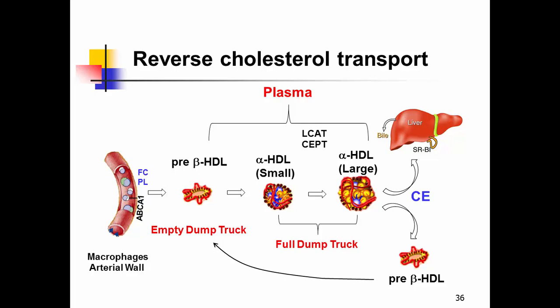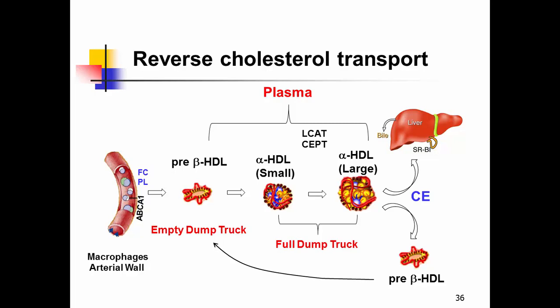Eventually, alpha HDL gets all the lipids from the peripheral tissue and arrives at the liver, so the cholesterol can be taken up by the liver, and all the cholesterol ester is picked up by the liver. Then the alpha HDL becomes pre-beta HDL again, an empty tract, and goes back to the peripheral tissue to pick up more cholesterol and lipids and send them to the liver. So it goes in cycles.